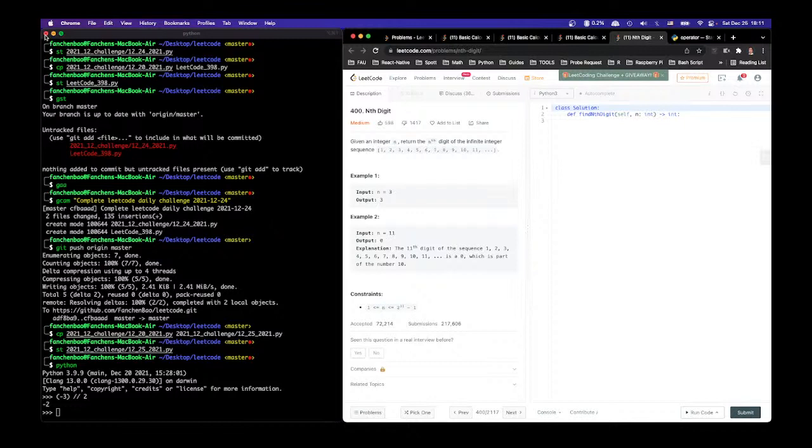So basically these are all the digits. So we need to first figure out how many digits we are talking about. Okay, so we can run a simple program because n is finite. So we just go through and see which one we ended up.